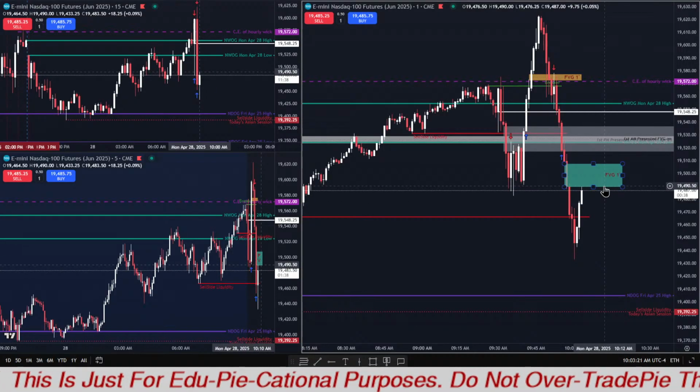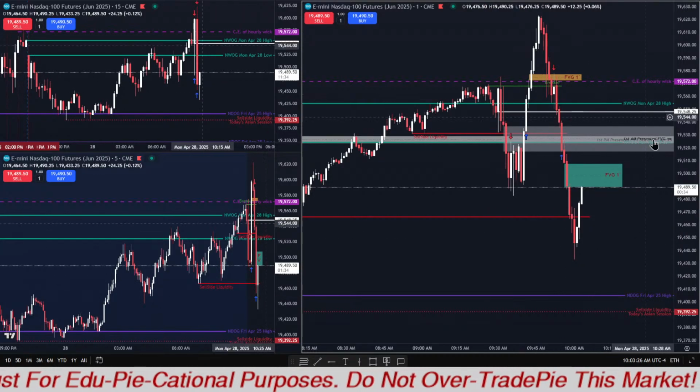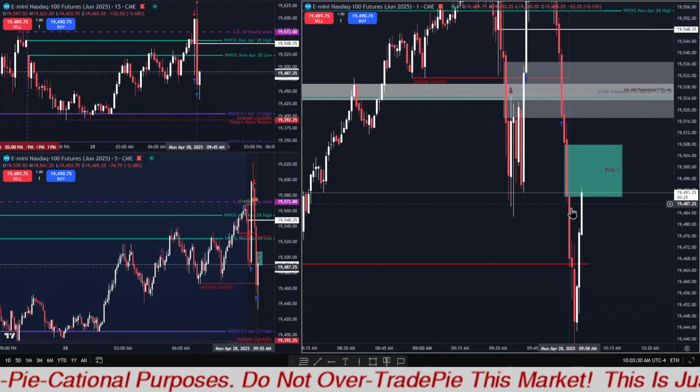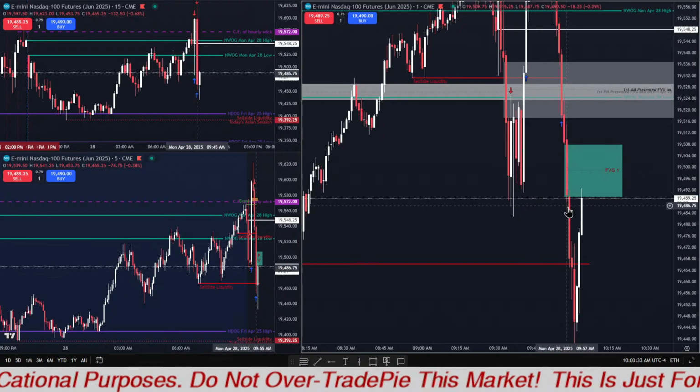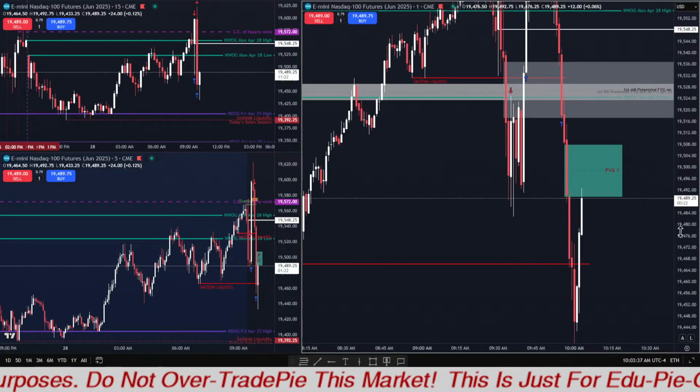We tapped into the fair value gap over here. Note that you have to consider the volume imbalance also in these two candles, the difference between the bodies of these two candles, you have to consider that as well.